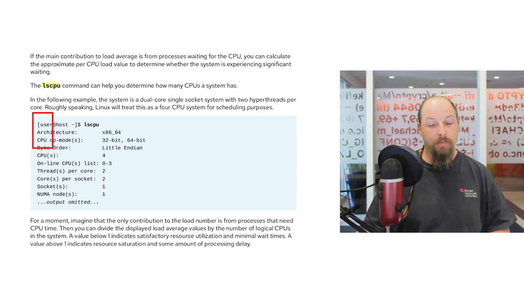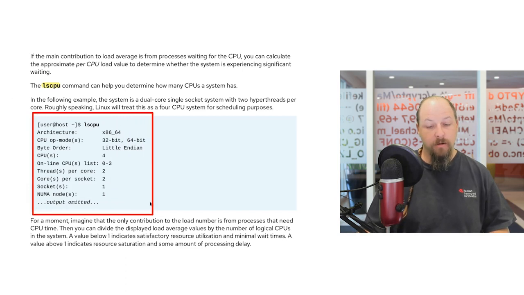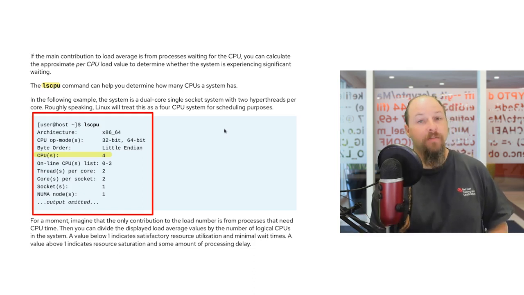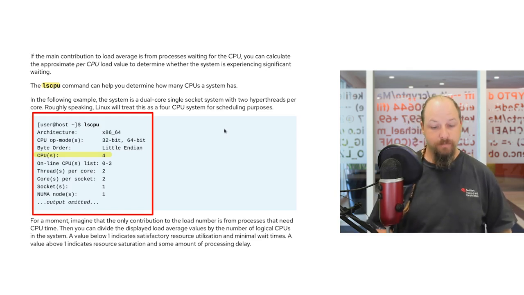You can take a look at the output of the lscpu command here. Namely, what most people want to gather out of this is how many CPUs am I working with on this given system? In this sample output, we're looking at a Linux system that has 4 CPUs available. That means that we have 4 different processors that are available for scheduling process jobs.